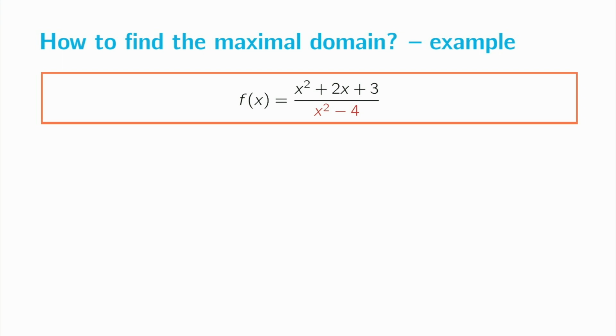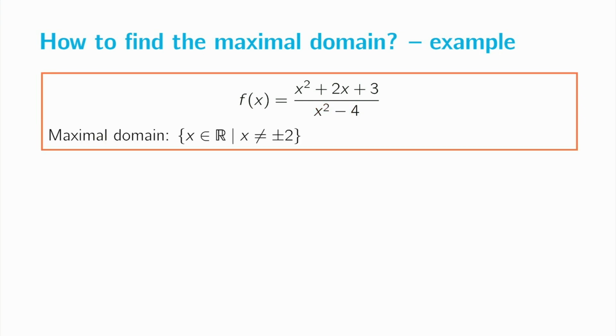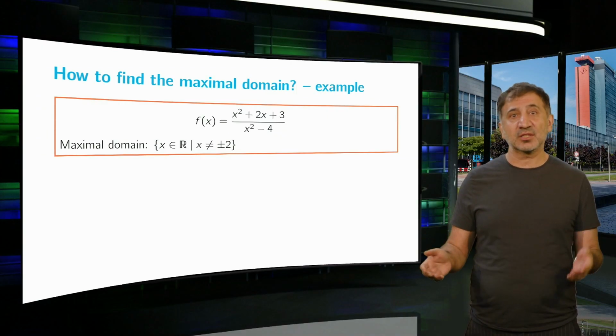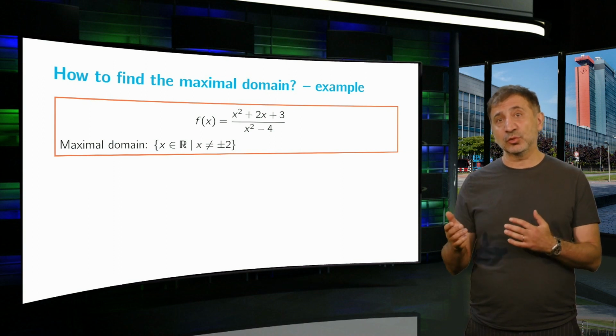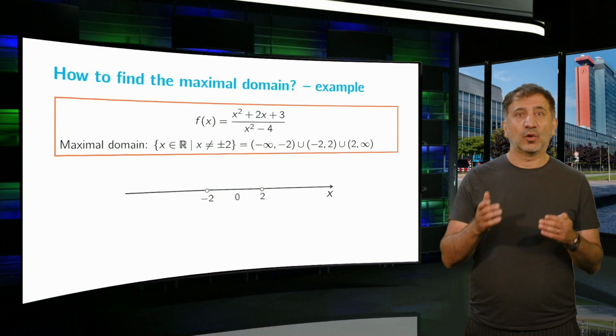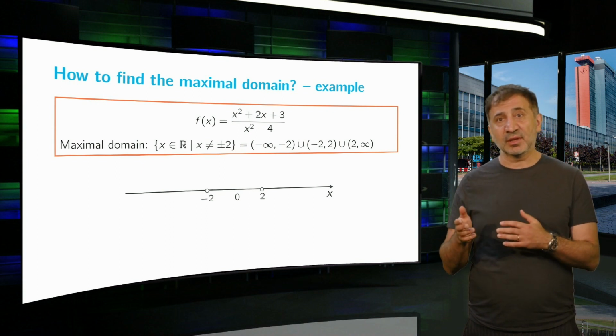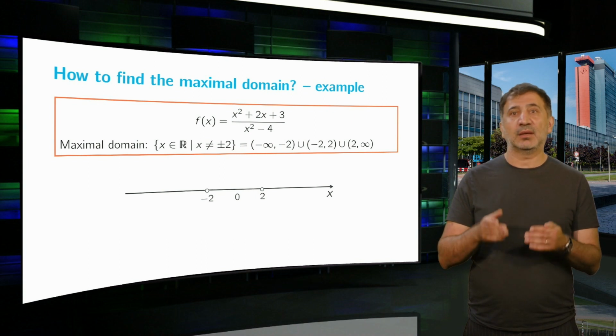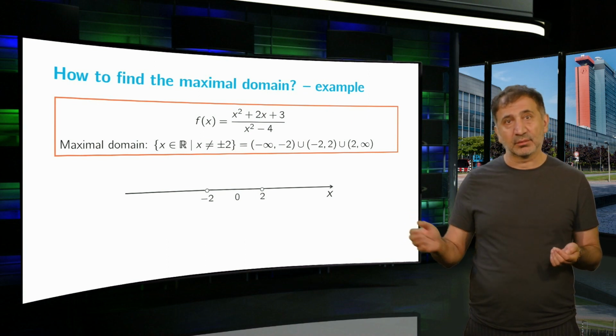We therefore have to exclude x is 2 and x is minus 2. So the maximal domain of the rational function consists of all real numbers except plus or minus 2. Or, in interval notation, the union of the open intervals minus infinity till minus 2, minus 2 till plus 2, and plus 2 till plus infinity.